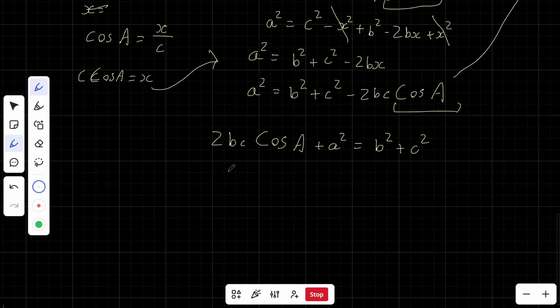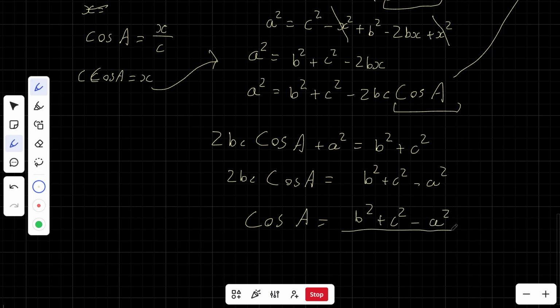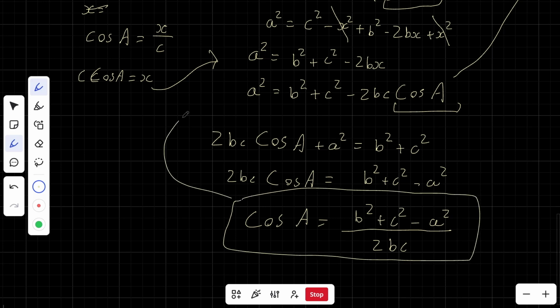We can take away a squared: 2bc cos A equals b squared plus c squared minus a squared, and we can divide by 2bc, giving us an equivalent form of the cosine rule. Cos A is equal to b squared plus c squared minus a squared over 2bc. So you can use either of these versions.